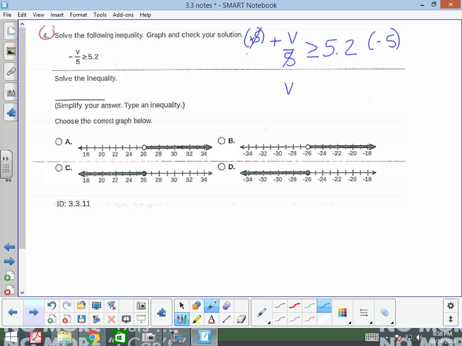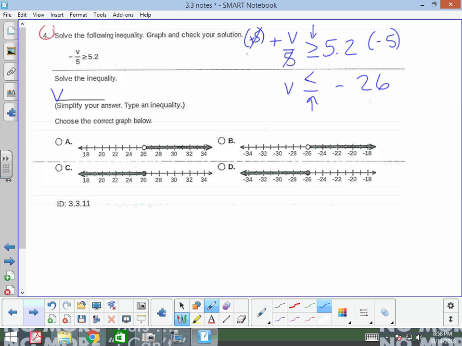So we have V. Now, we have to switch the symbol around because we multiplied by a negative number. So this greater than becomes less than or equal to. We multiply on our calculator, and we get negative 26. So V is less than or equal to negative 26.